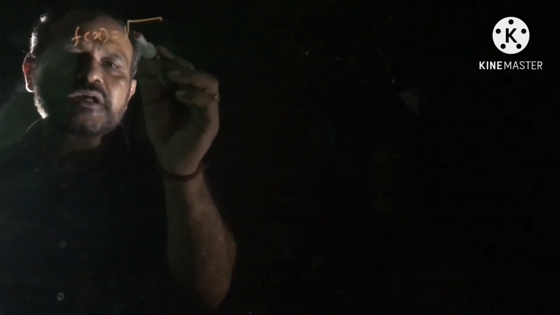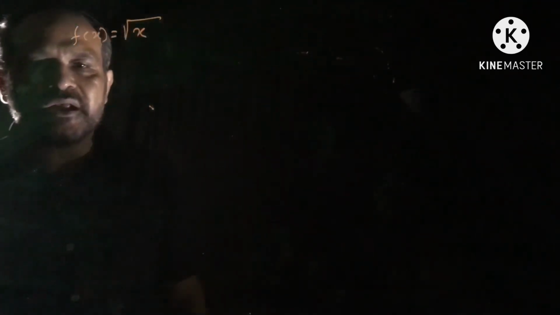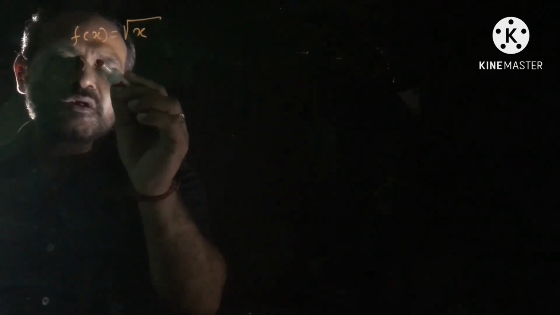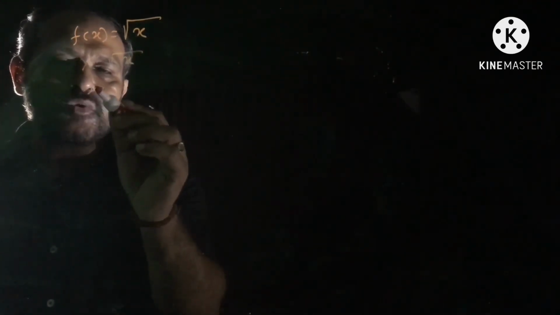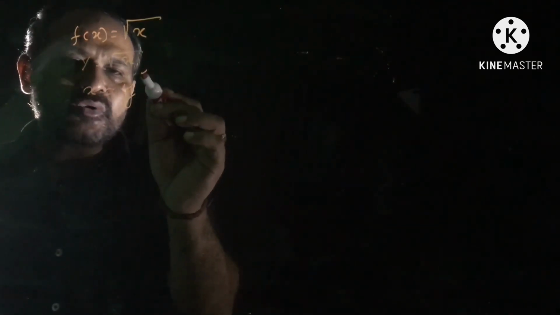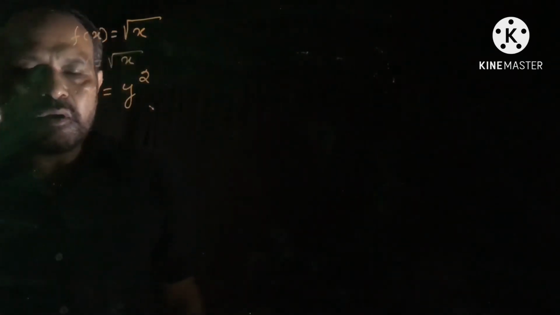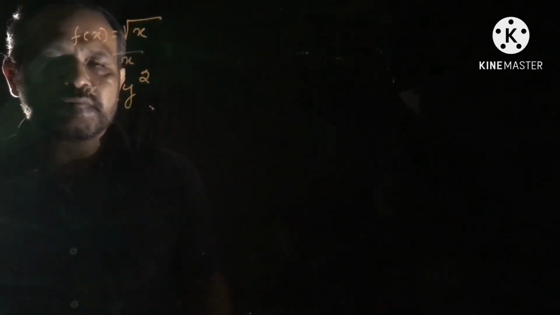Now we are going to discuss the range of a function. Suppose the question is f of x is equal to square root of x. We know that to find the range of a function, we consider the function as y. So y is equal to root over x. What is the value of x? X is equal to y square. Now we have to find out for which values of y, y square is defined.